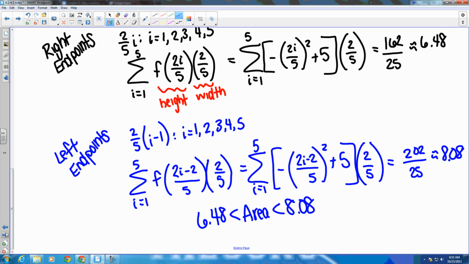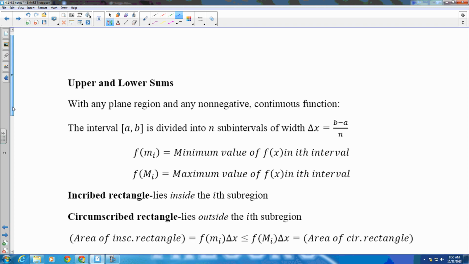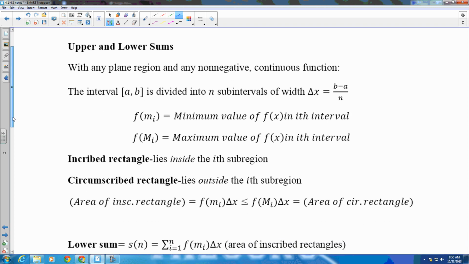Now we're going to be able to approximate it a little bit better. So we have upper and lower sums. With any plane region, any non-negative continuous function, we have an interval a to b that's divided into n subintervals where the width is delta x, b minus a over n, which for us was 2 over n because a was 0 and b was 2.